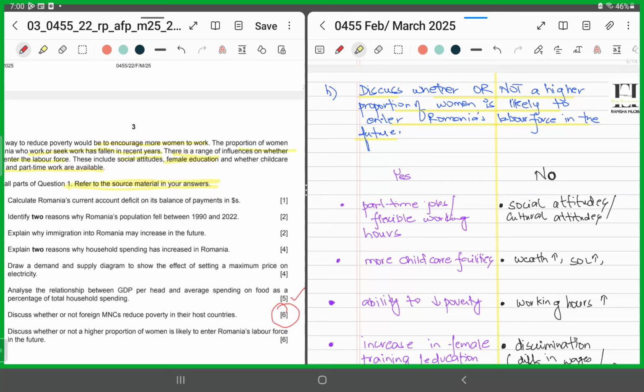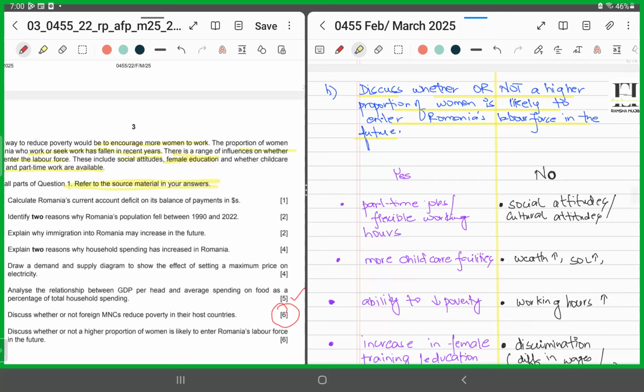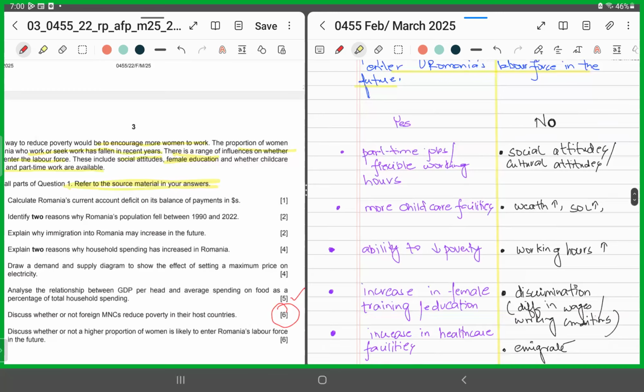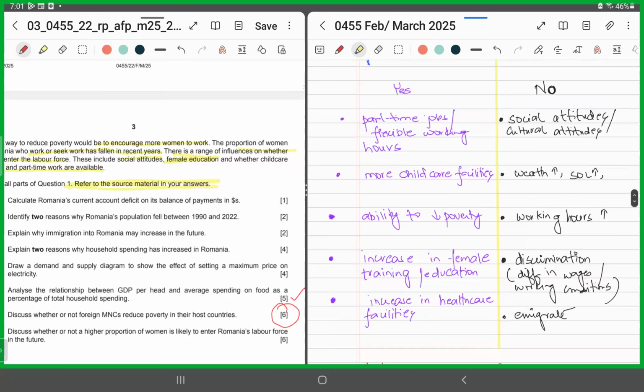You could say that, yes, if the country is successful in providing part-time jobs or flexible working hours, the chances are high that, looking at the poverty situation, more and more females would be inclined to be a part of the labor force. Similarly, if more childcare facilities are provided, it would be easier for females to earn a living while also looking after their families and doing child rearing.